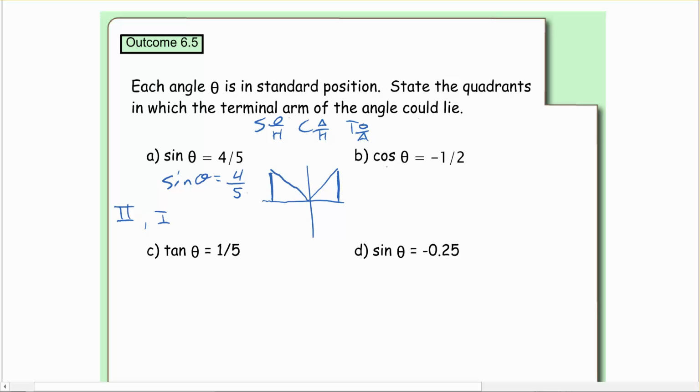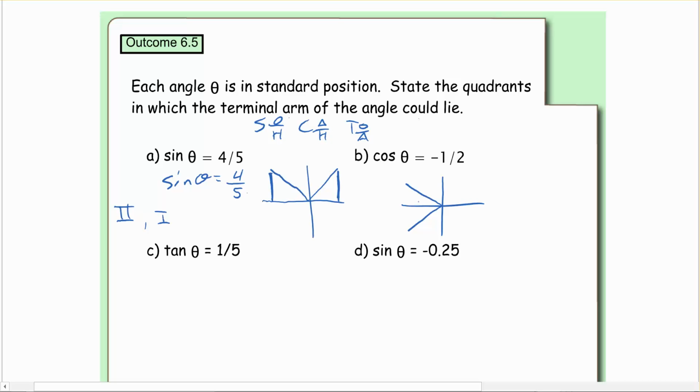Okay, so let's look at this one. Cosine negative 1 over 2. So cosine was adjacent over hypotenuse. So I'm going to think about it and say, okay, well, adjacent is negative 1. So if it was like this or like this, it would end up being negative, right?